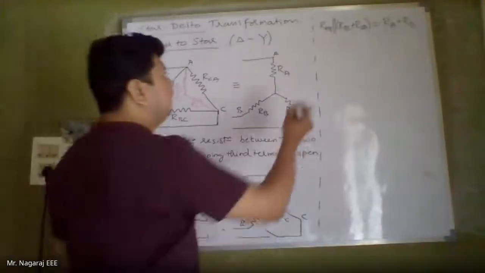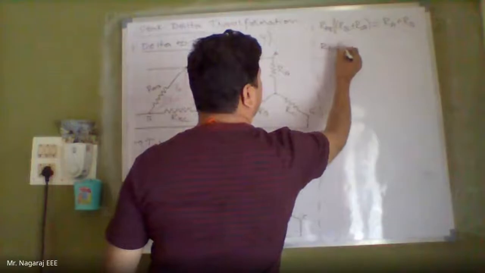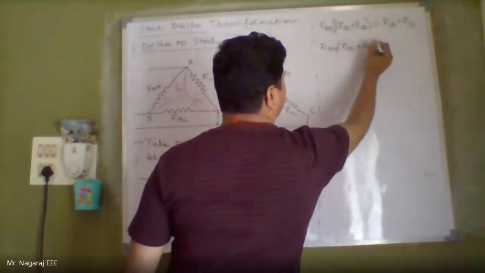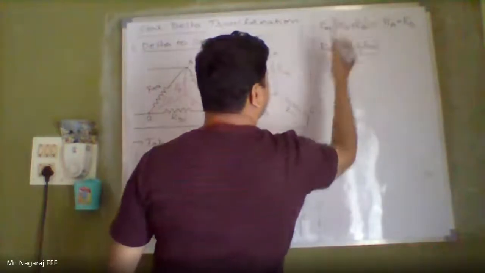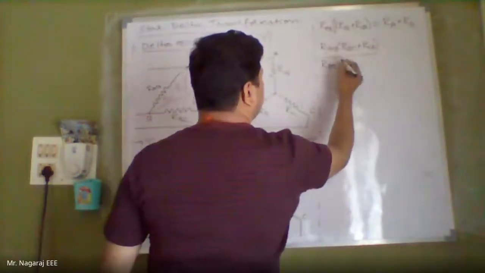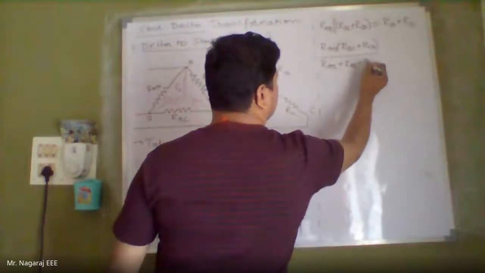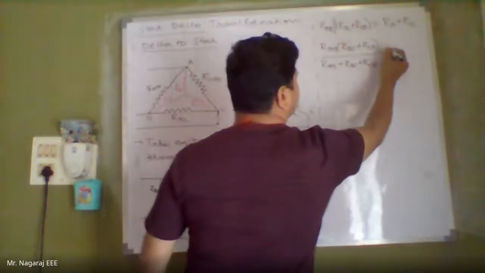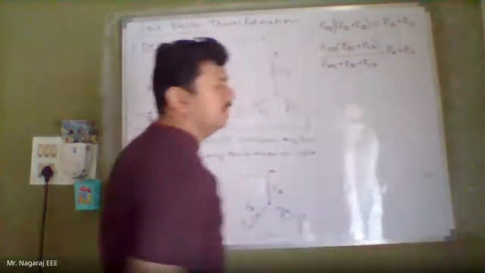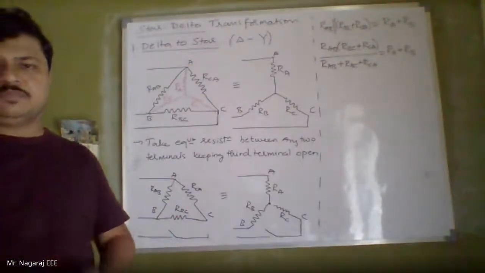I will write it as RAB into RBC plus RCA, divided by the sum of all three resistances, which is the parallel resistance connection, is equal to RA plus RB.